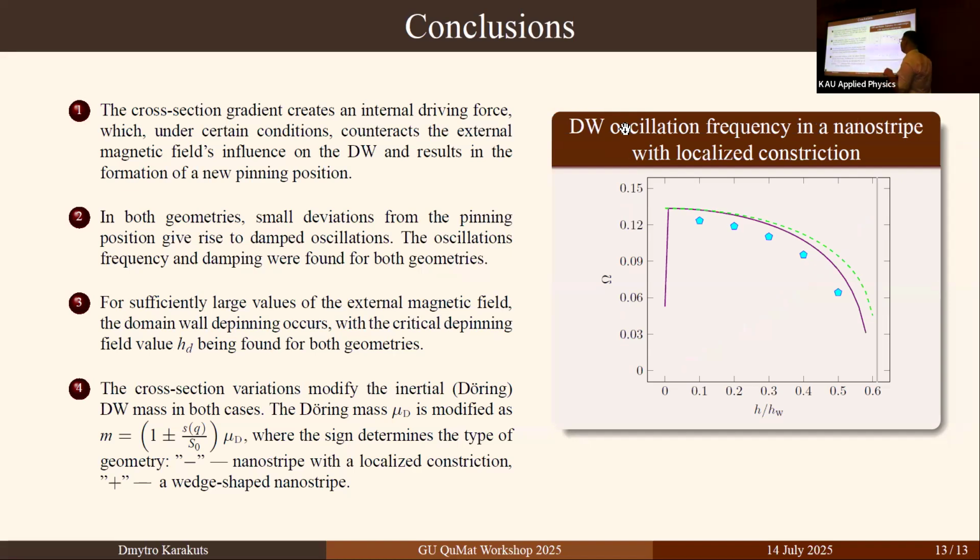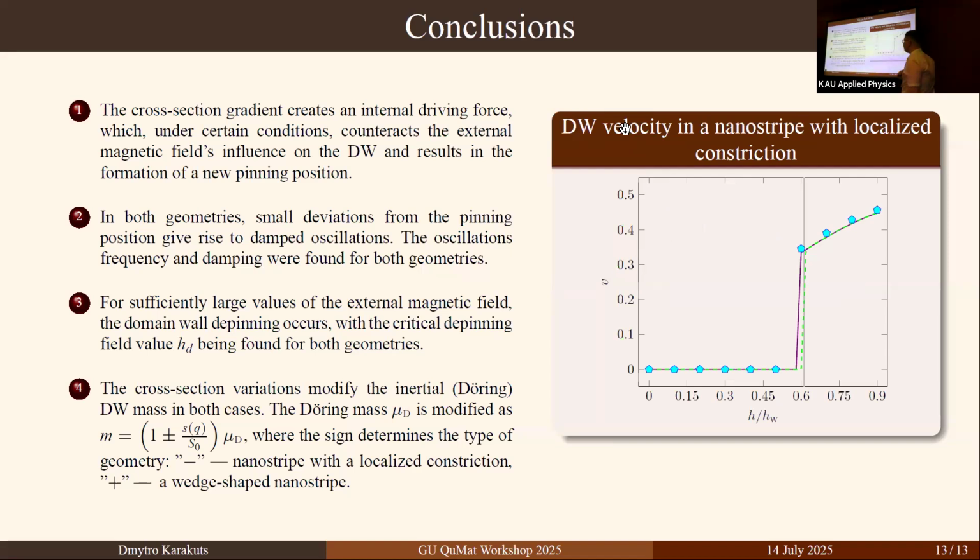The oscillations for a case with localized constriction and wedge-shaped nanostripe differ due to the lack of coupling between the cross-sectional area, the second derivative of cross-sectional area, and external magnetic field in the case of a wedge-shaped expansion.